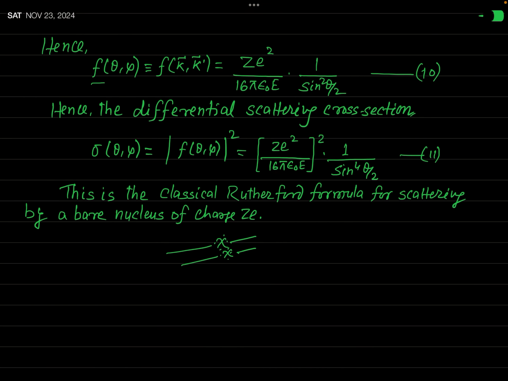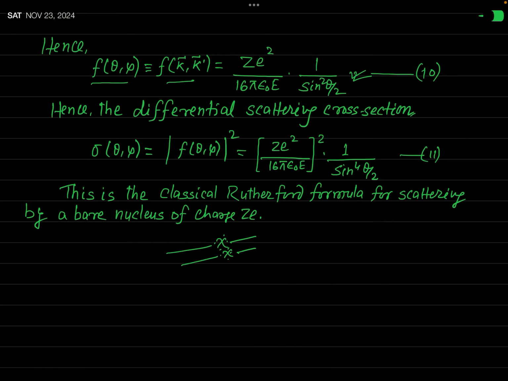And so the scattering amplitude f of theta comma phi, or f of k comma k dash, will be simply this much. This is a very important result, but it is a special case when the shielding effect of the atomic electrons on the nuclear charge is negligible, when theta is large.